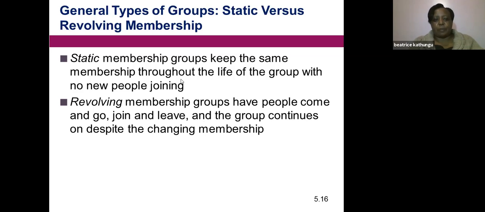So a static membership group keeps the same membership throughout the life of the group without new members joining. So that is more of a closed group, which is also called a static group. A revolving membership group has people continually joining and leaving, and the group will continue despite the changing membership. So that's what we are calling a revolving group, which sometimes we call an open group.